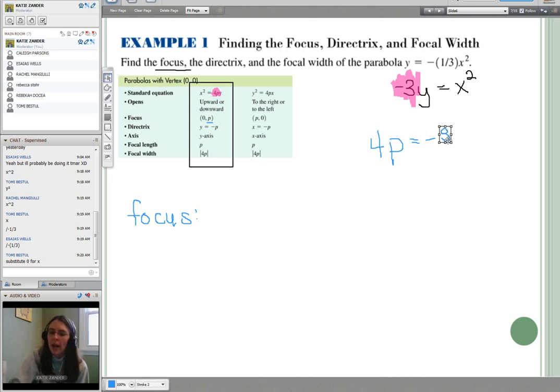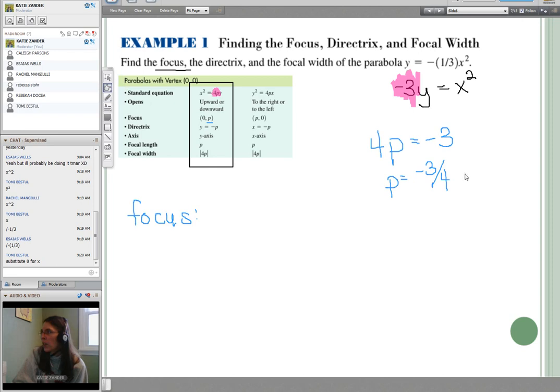And that was kind of a bad 3, so I'm going to rewrite that. All right, then I'd work backwards to solve for p. So I would divide by 4 on both sides. And now we should be pretty good to go for pulling the rest of the information we need.